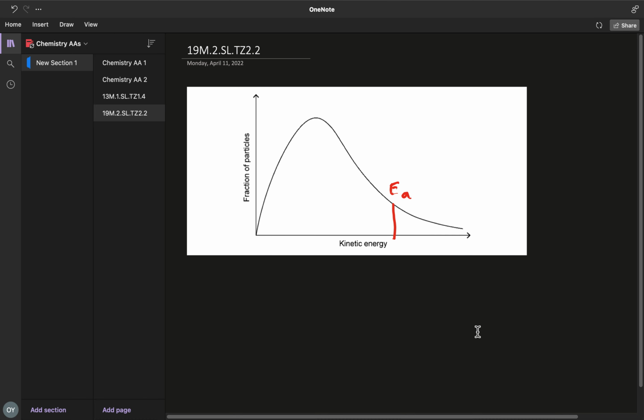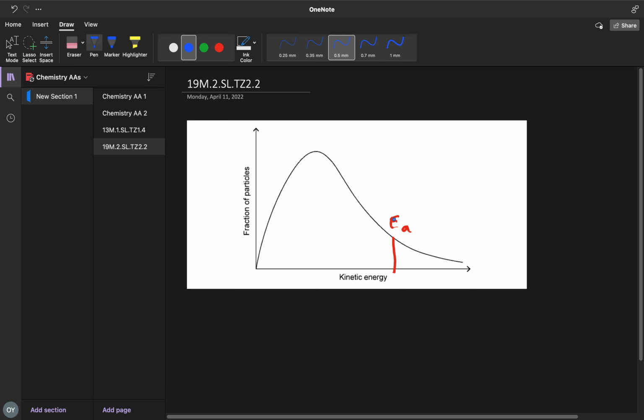As you know, a catalyst decreases the activation energy by providing an alternate pathway. So whenever there's a catalyst, the activation energy is going to decrease. Here, as shown, is the lower energy, Ea with catalyst.